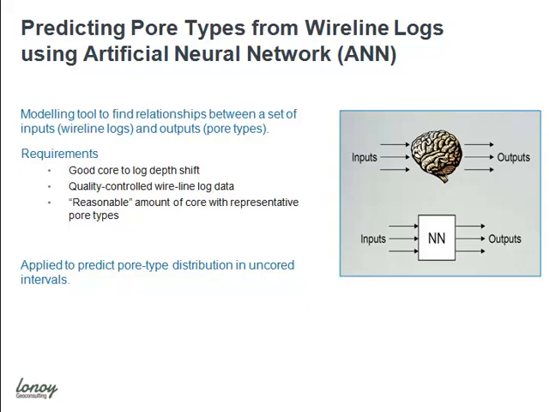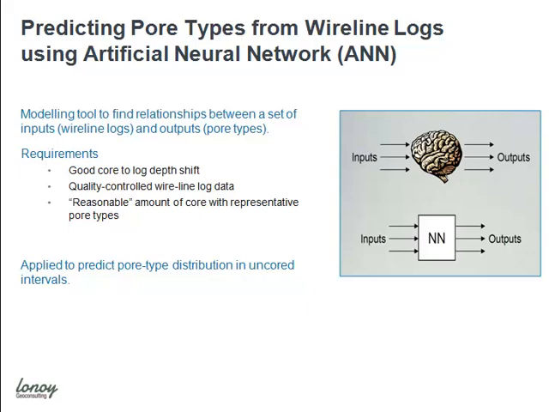In uncored intervals, pore types are predicted from wireline logs using artificial neural network. Artificial neural network is a modeling tool to find relationships between a set of inputs and outputs. In this case, the inputs are mostly wireline logs and the outputs are pore types.